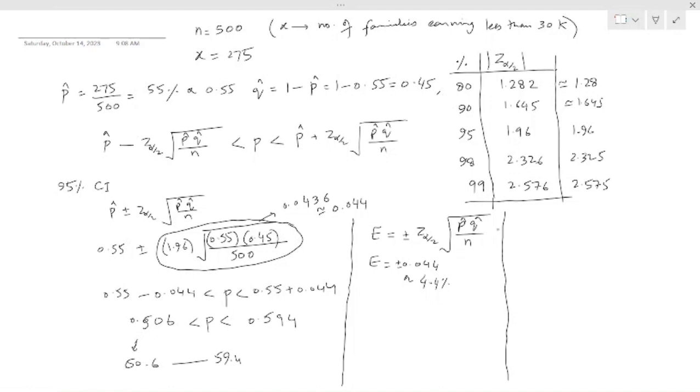Squaring both sides in this equation, we get e square on the left hand side, and here the plus minus sign will be removed, and we get z square alpha by 2, and this entire factor will be free from the square root now.